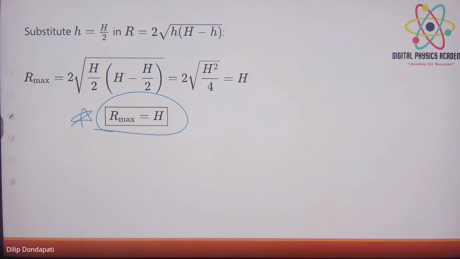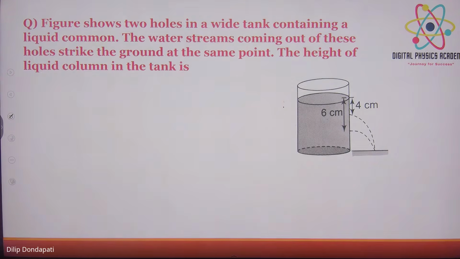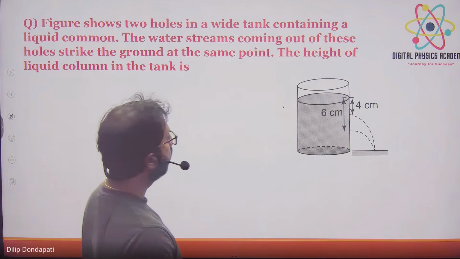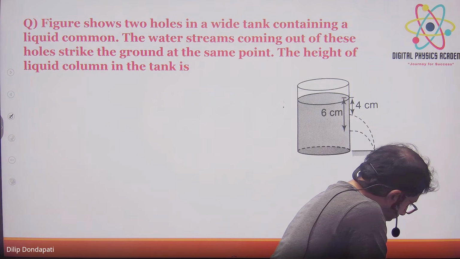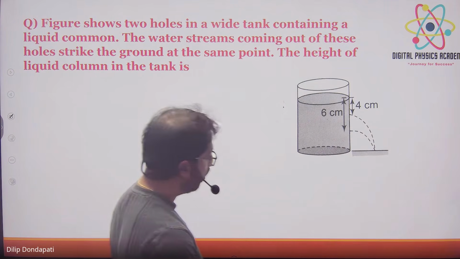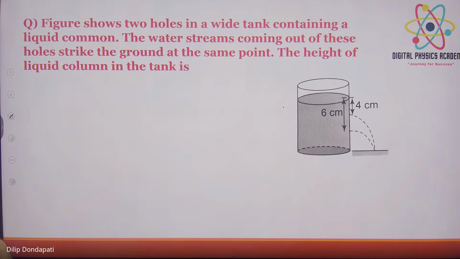Okay, let's go. Now see, do this. The water coming out strikes the ground at the same point. Striking the same point means the ranges are the same in both.